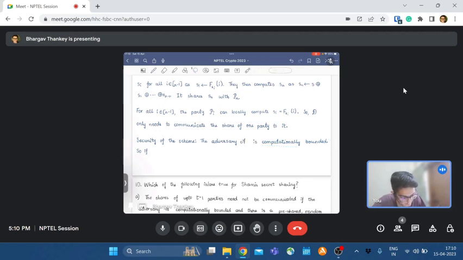So now there are two cases, right? A can control up to n minus 1 parties. Case 1: A controls P1 to Pn minus 1.